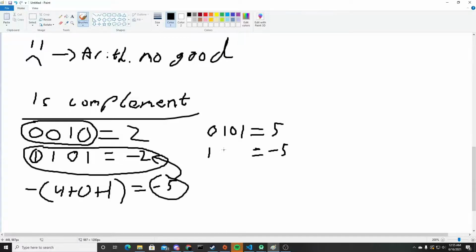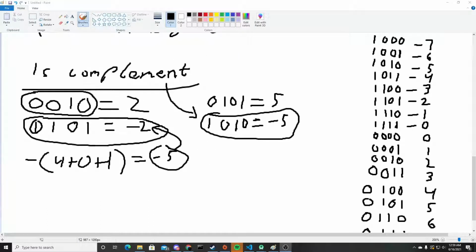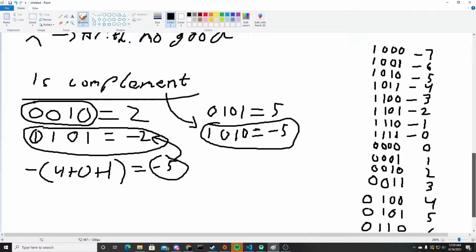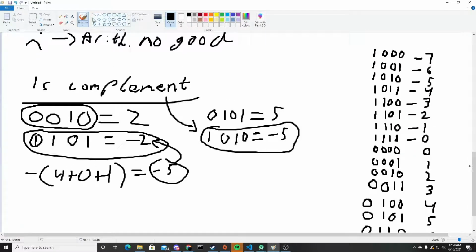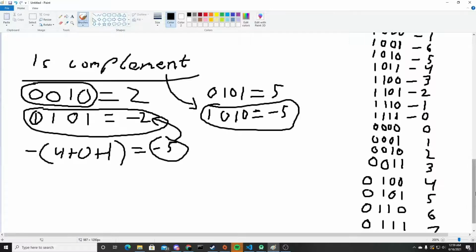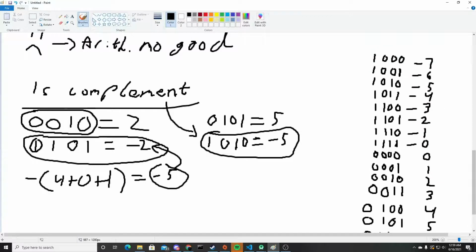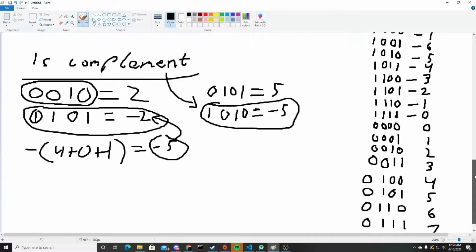So we would have 1, 0, 1, 0. And this is how we represent -5 according to one's complement. Over here to the right of the screen, I've written out all of the numbers from 0 to 7, and all their negative representations in one's complement.